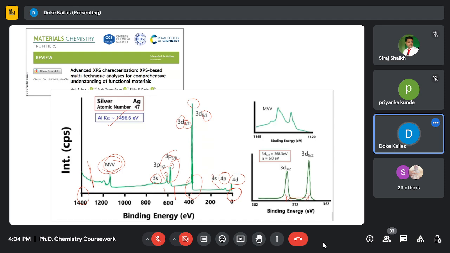So every electron has a spin. If it is unpaired, it is having either plus half spin or minus half spin. If it is paired, the total spin becomes zero. So either plus half or minus one half spin.